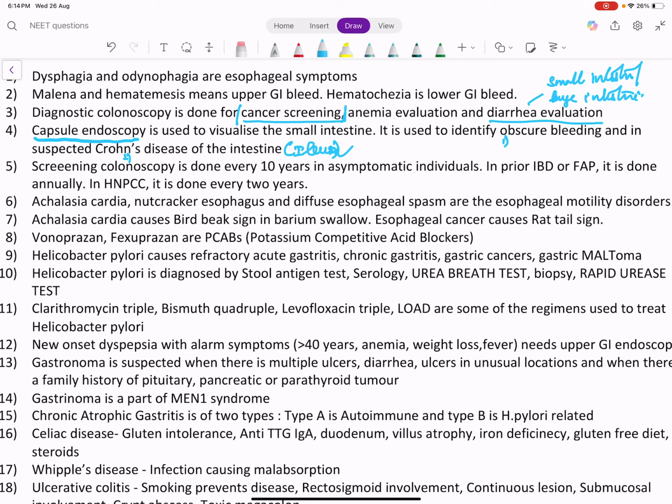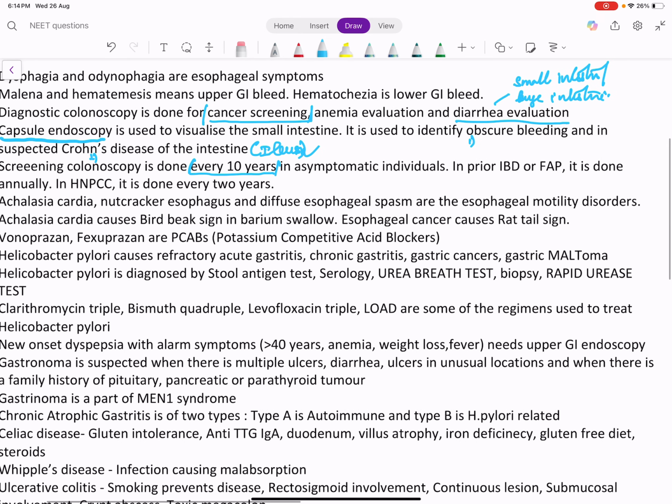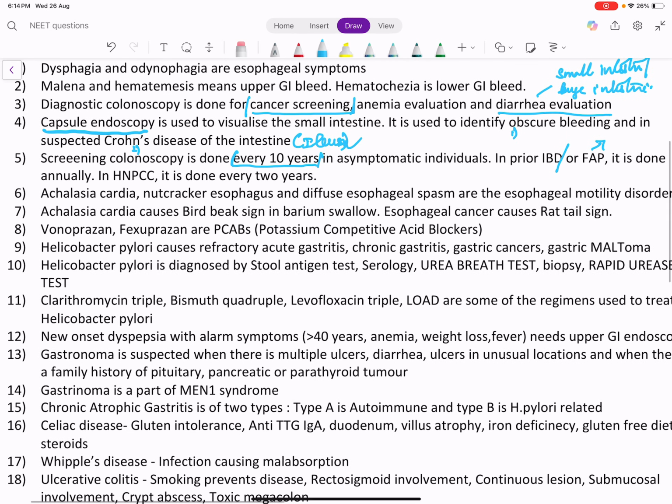So screening colonoscopy is one use of diagnostic colonoscopy. For an asymptomatic individual, it is suggested to be done every 10 years to pick up any colonic pathology like a colonic polyp or colonic CA. If they have some high risk, that is a prior inflammatory bowel disease like ulcerative colitis or Crohn's, or if they have familial adenomatous polyposis, if there's a family history of FAP, it should be done annually.